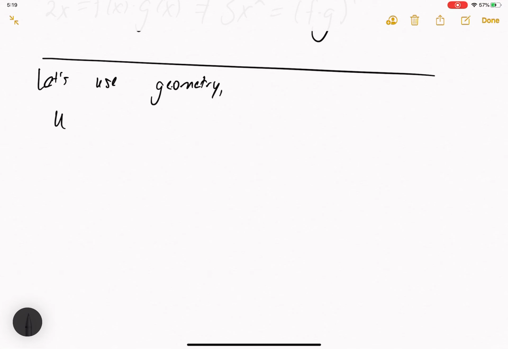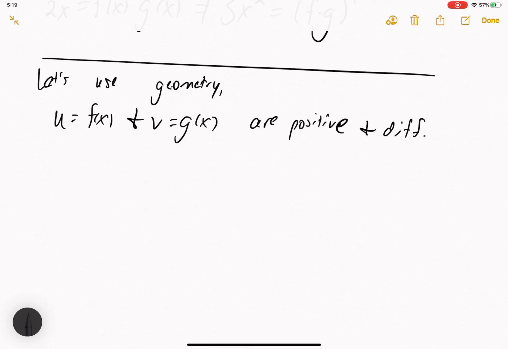Let's say u is equal to f of x, so u is a function of x, and v is also a function as well. Say u is equal to f of x, v is equal to g of x, and they are positive and differentiable. Differentiable because that's the only way it's meaningful.